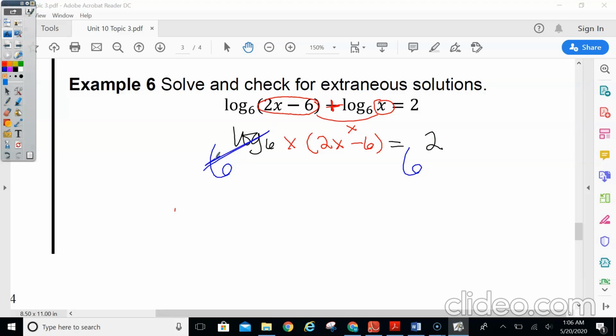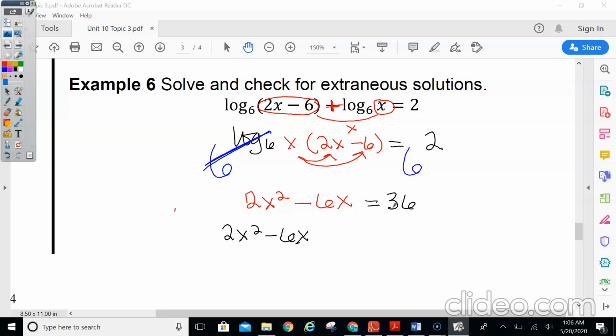So these cancel out, but I'm going to go ahead and distribute. So 2x squared minus 6x equals, when I square this side, 6 squared is 36. I know I'm going to have to get this to the other side because I have a quadratic here, and I'm going to have to divide everything to reduce it. But let's go ahead and move it over first.